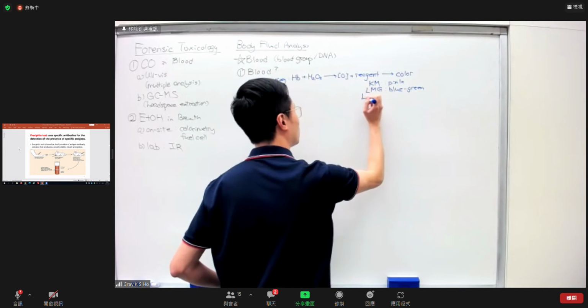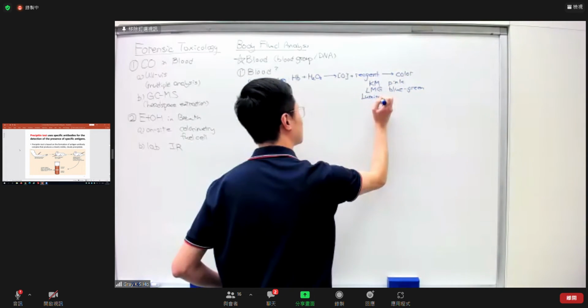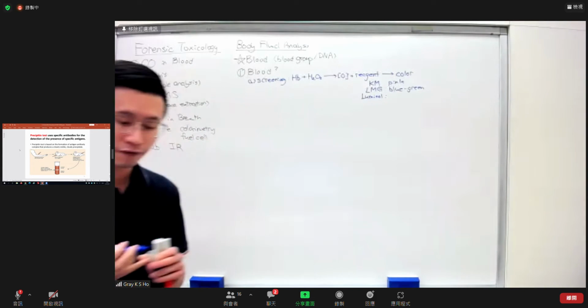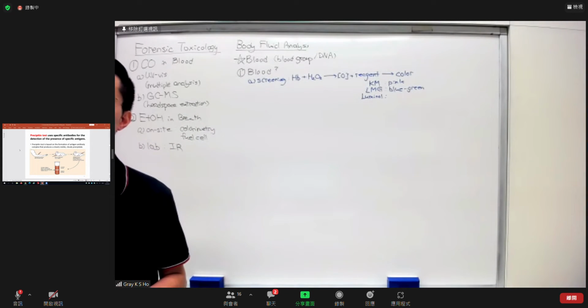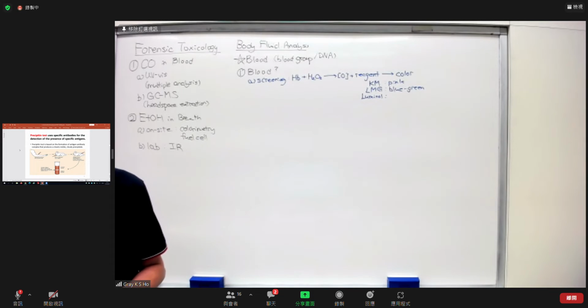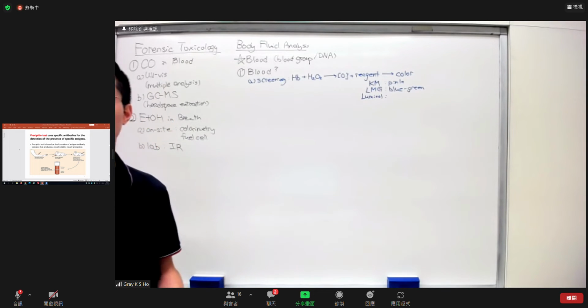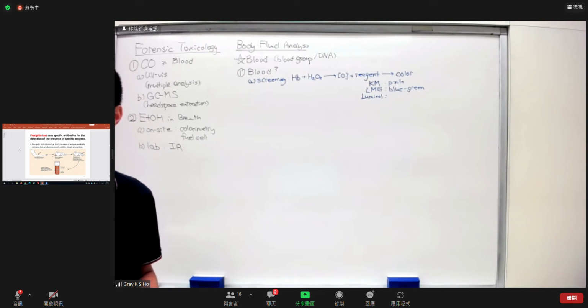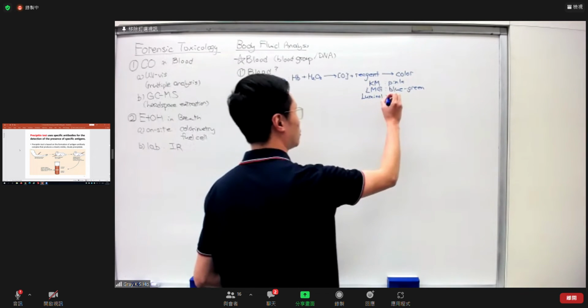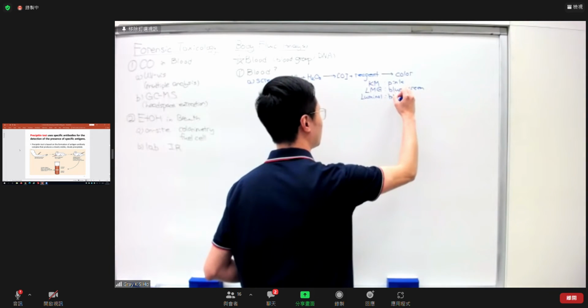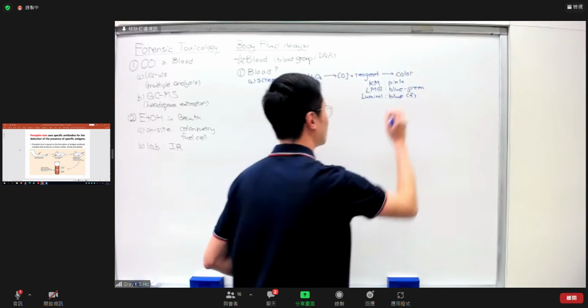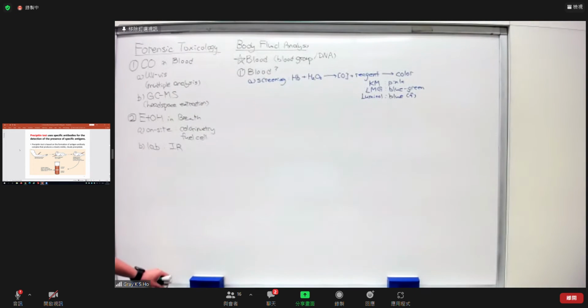Or, the most common one that we use at the crime scene, not only for identifying whether the red color stain or liquid is blood or not, we also spray luminol around the crime scene in order to check for blood stains that we have missed out, or blood stains that have been cleaned. With the luminol, we can see a blue fluorescence. So these are the colors that we can get with the screening test. Most likely there will be a certain kind of color test there.